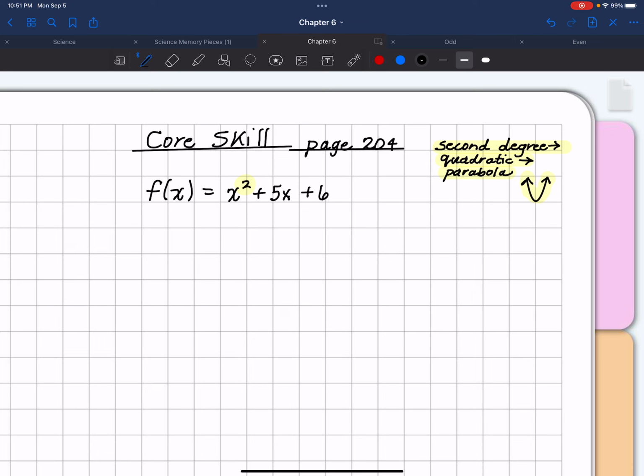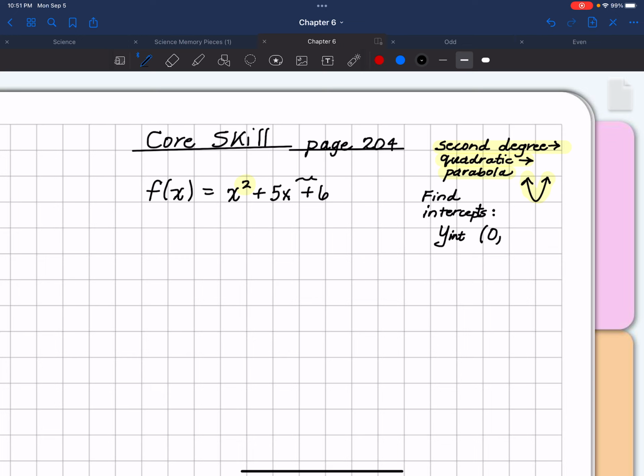And to do that, I need to find my intercepts. Okay, so to do that, we're going to have to use some algebra skills. How about that? So the first one, the easiest one to find is the y-intercept, because that's going to be the point at which x is 0.